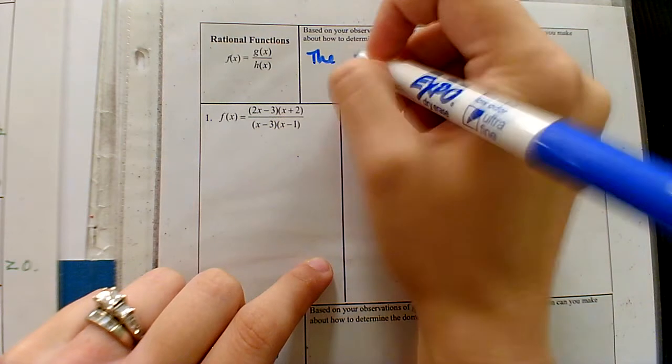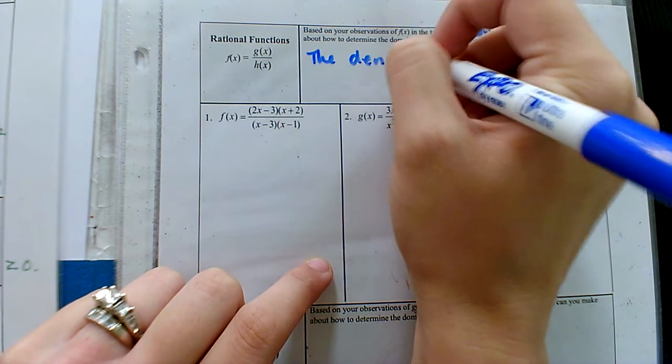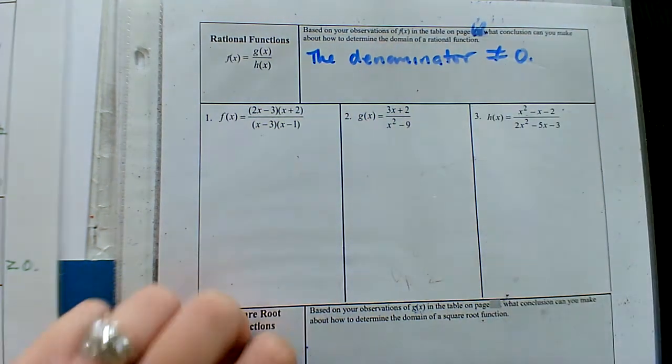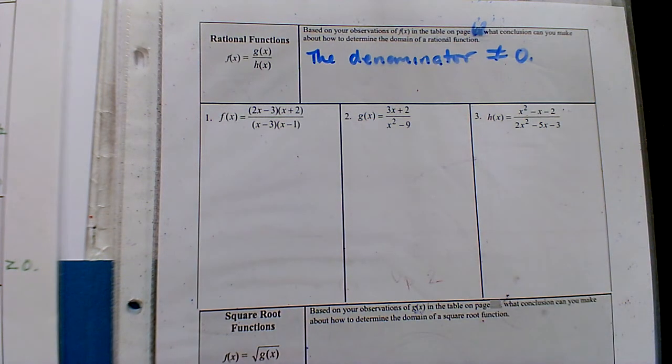We know for a fraction, the denominator cannot equal 0. So if we can specifically figure out the numbers that would make the denominator 0, those are the only numbers that would not work. You can plug in any other number you want into that fraction and you would get a value, except the ones that make the denominator 0.